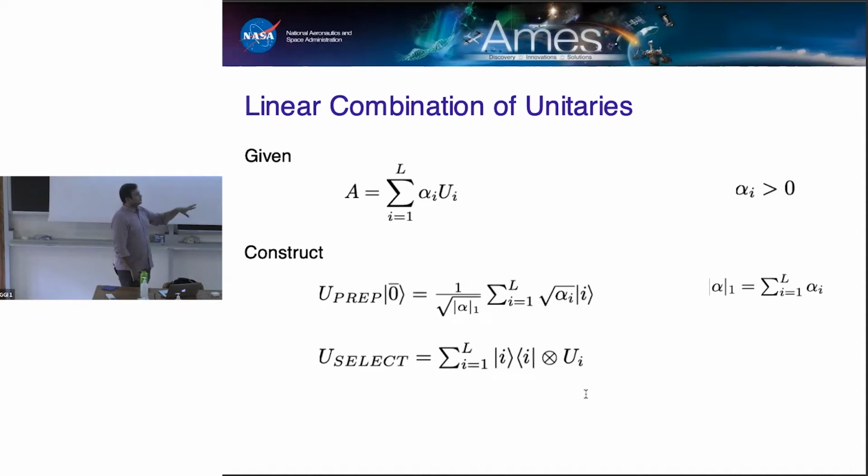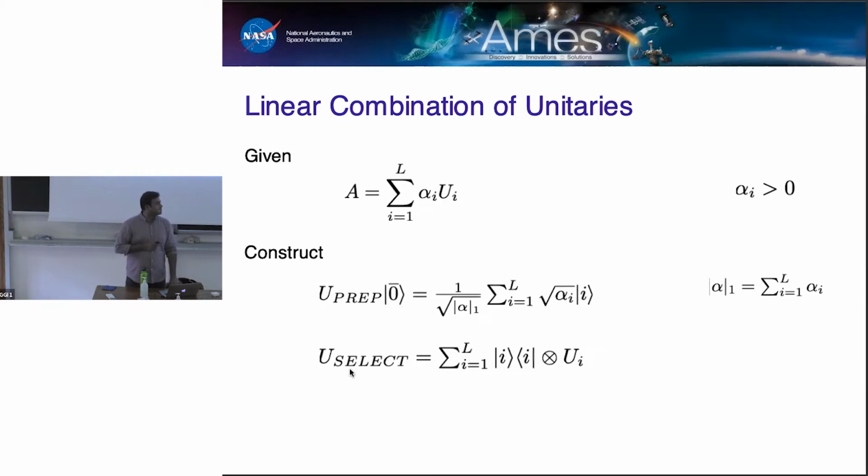So the prescription is to construct the following two unitaries. The first unitary, which is often called the prepare circuit, prepares a superposition of states with the amplitudes given by the coefficients appearing in the linear combination of unitaries, okay? And of course, it has to be a normalized superposition.